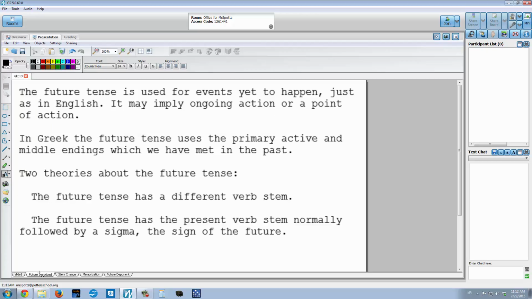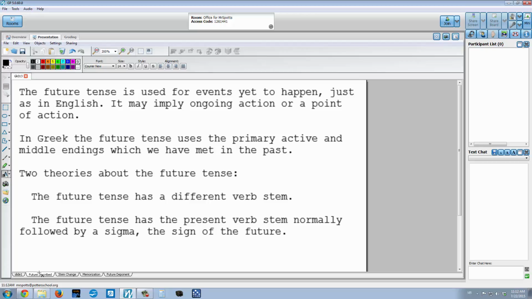Now the future tense is used for events yet to happen, just as we would use it in English. This is no different at all from what we see in English. The future tense is how I'll refer to what I will do this afternoon, or what I will find in the mail later.